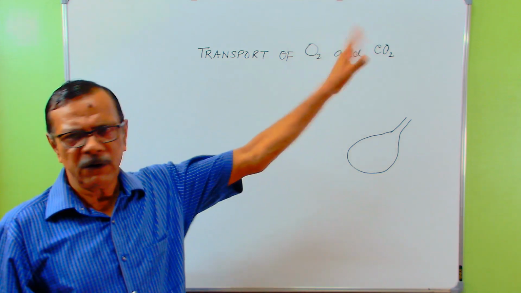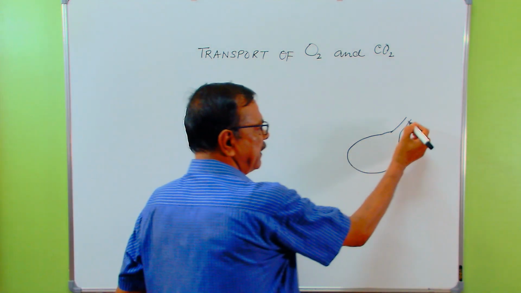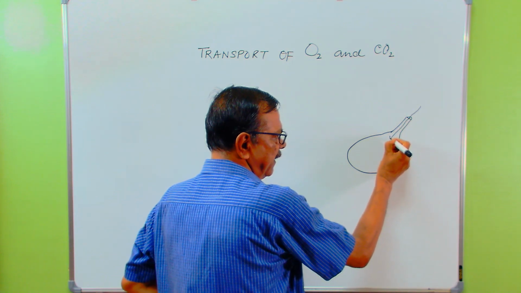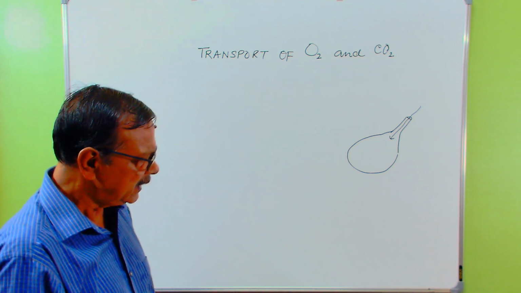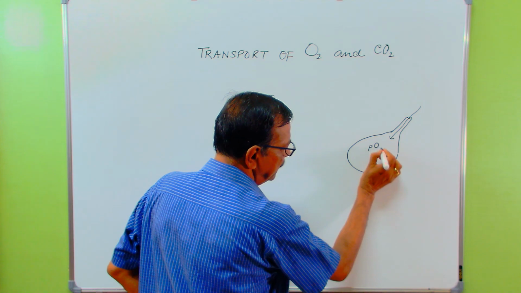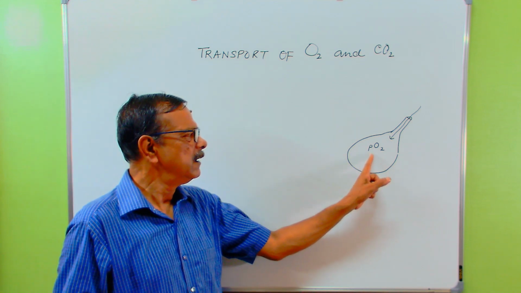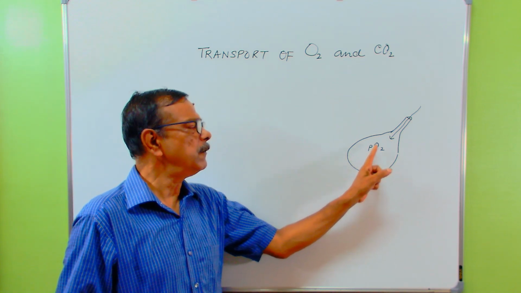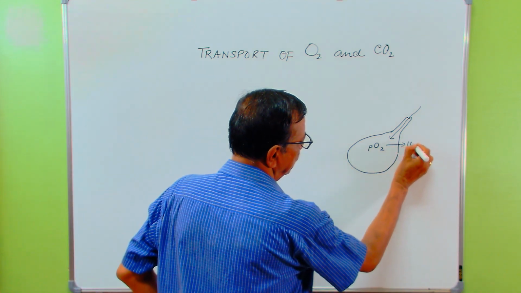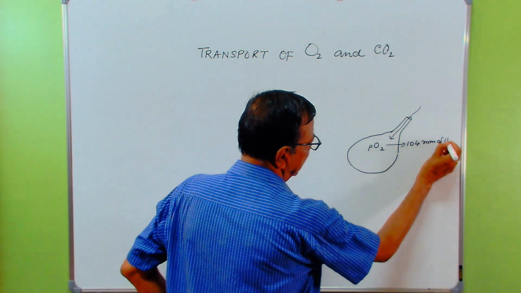Simple. Now I am starting from lung, I am starting from alveoli. In the alveolar air, that is atmospheric air comes inside. In the alveolar air, there is oxygen and this oxygen exerts some pressure. We call it in the form of PO2. Here PO2 is 104 mm of Hg.